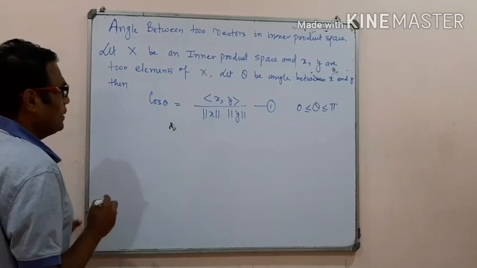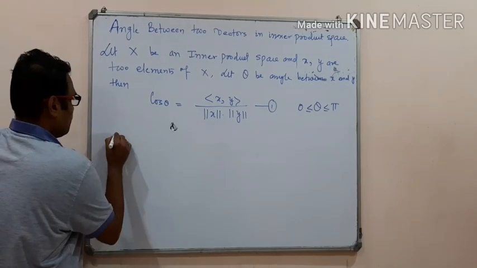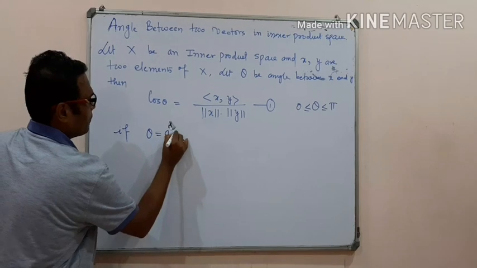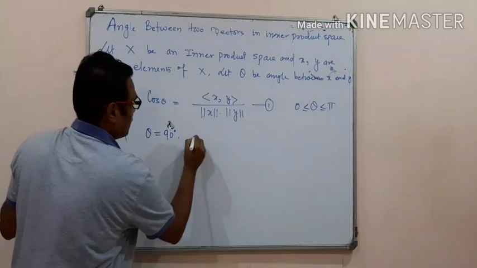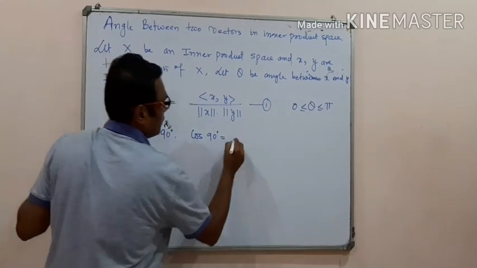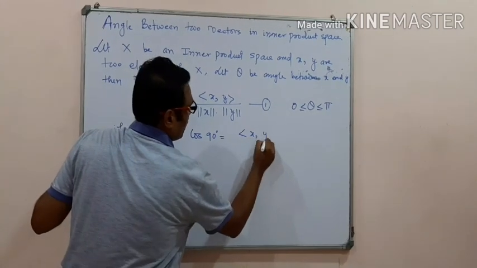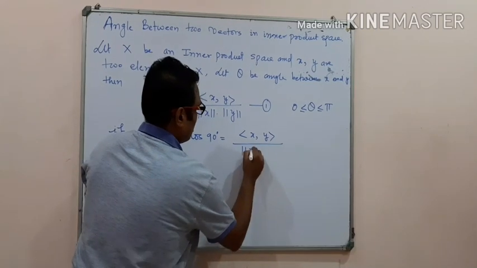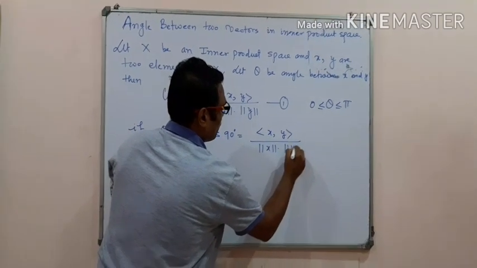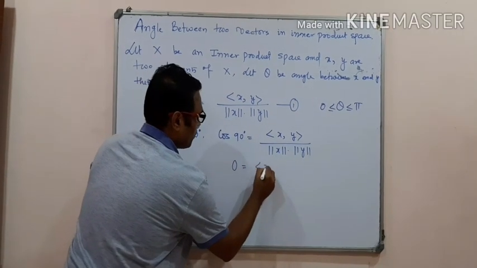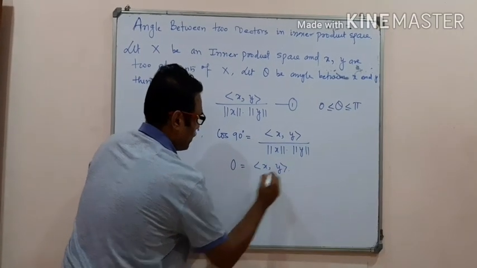Okay. Suppose theta is equal to 90 degrees. Then cos 90 is equal to the inner product of x, y divided by the norm of x into the norm of y. Cos 90 is 0, which is equal to the inner product of x, y.